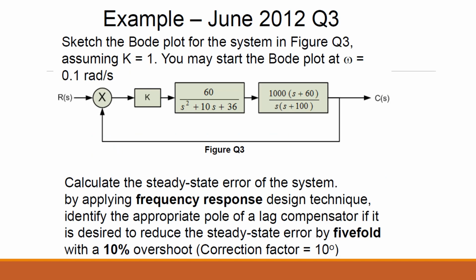In this example, given the transfer function of the system, calculate the steady state error of the system by applying the frequency response design technique. Identify the appropriate pole of the lag compensator. In this case, we need to reduce the steady state error by 5-fold with 10% overshoot, or the correction factor is 10%.